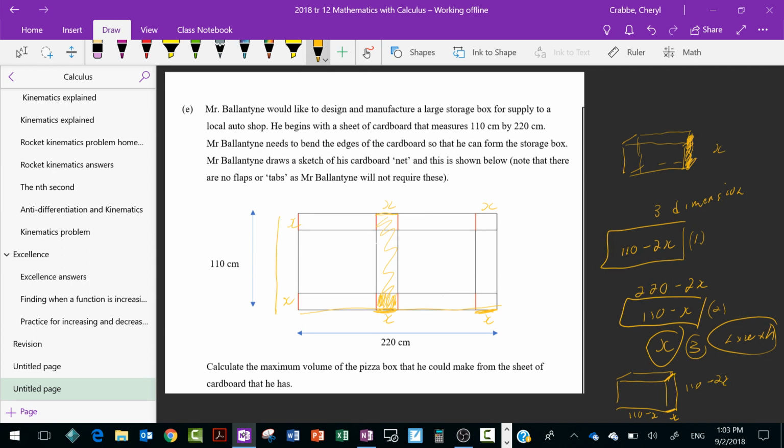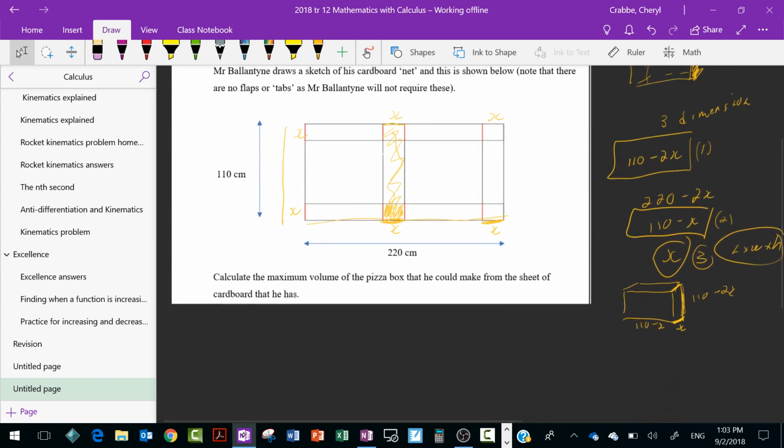Well, that's probably x there. That's probably the other one, because it's not very wide. I mean, that's this, right? So now we've got volume is equal to 110 minus 2x times 110 minus x times the height or width or whatever you want to call, which is x.